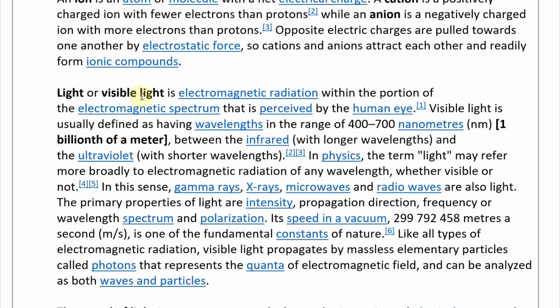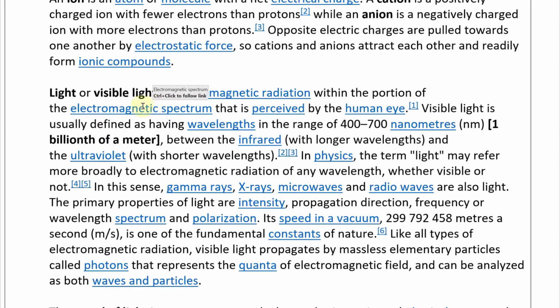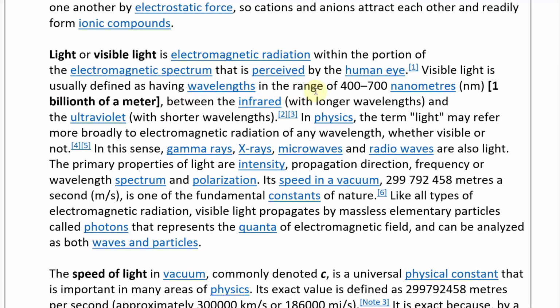So light or visible light, just to go over further, is electromagnetic radiation within the portion of the electromagnetic spectrum that is perceived by the human eye. Visible light is usually defined as having wavelengths in the range of 400 to 700 nanometers, or nm. This is a 1/1000th of a meter. Between the infrared with longer wavelengths and the ultraviolet with shorter wavelengths.